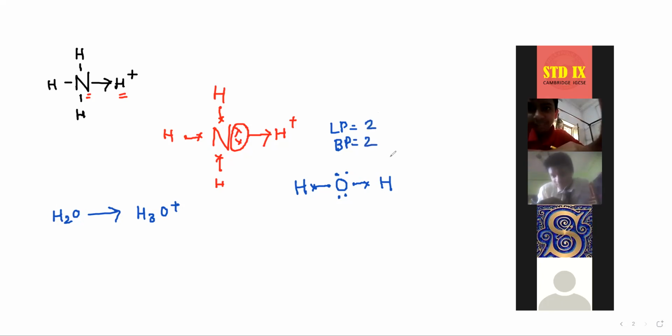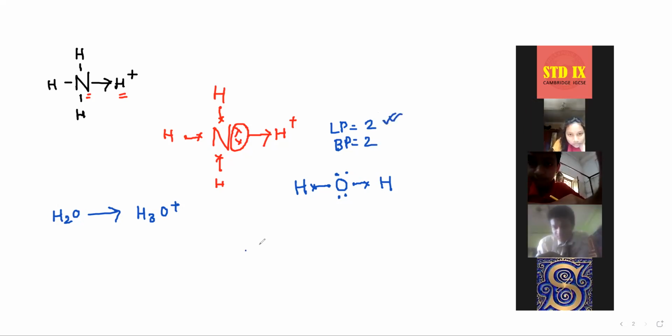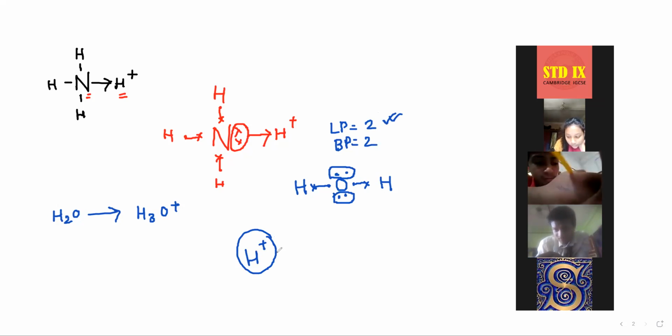So now, how many lone pairs are there? 2. So if by chance an H plus ion comes near it, there are 2 options available: either this lone pair or this lone pair. Any one of them can be donated. Let the H plus come here. Here is the H plus I have brought.